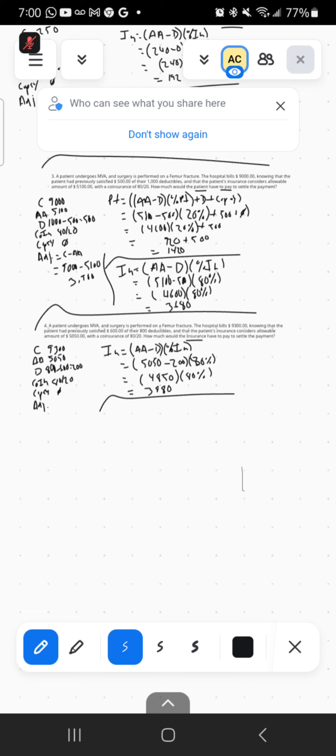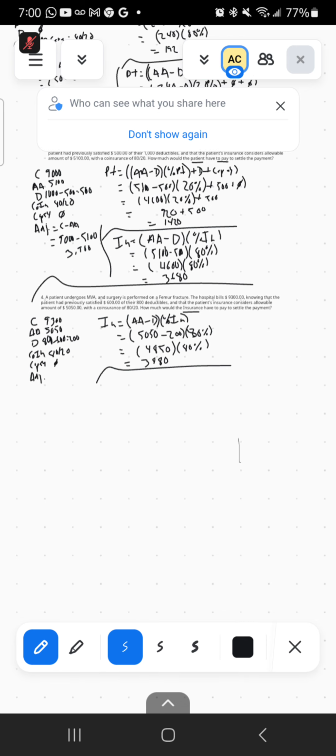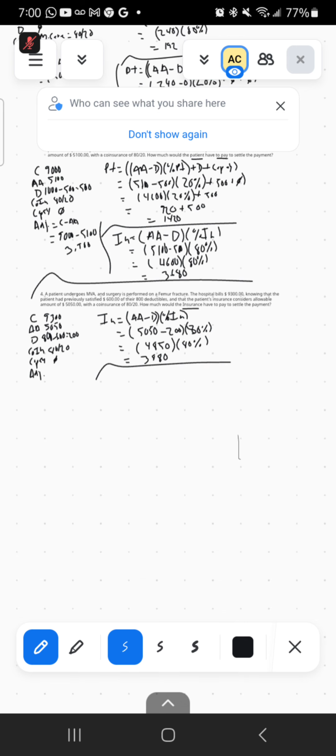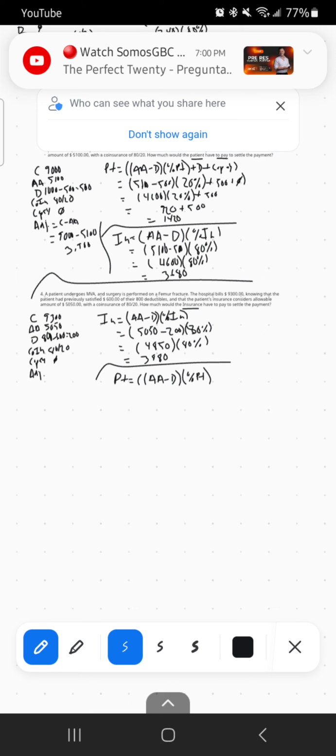For the sake of practicing, we are going to do the insurance and the patient's payment. So the patient pays the allowed amount minus the deductible, times the percentage for the patient. And to that, we're going to add the deductible and the copay.